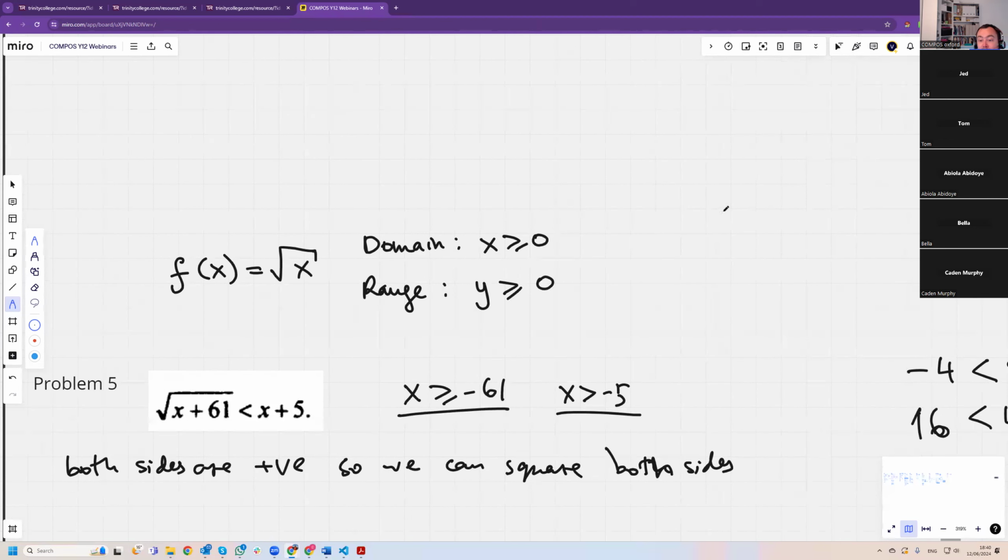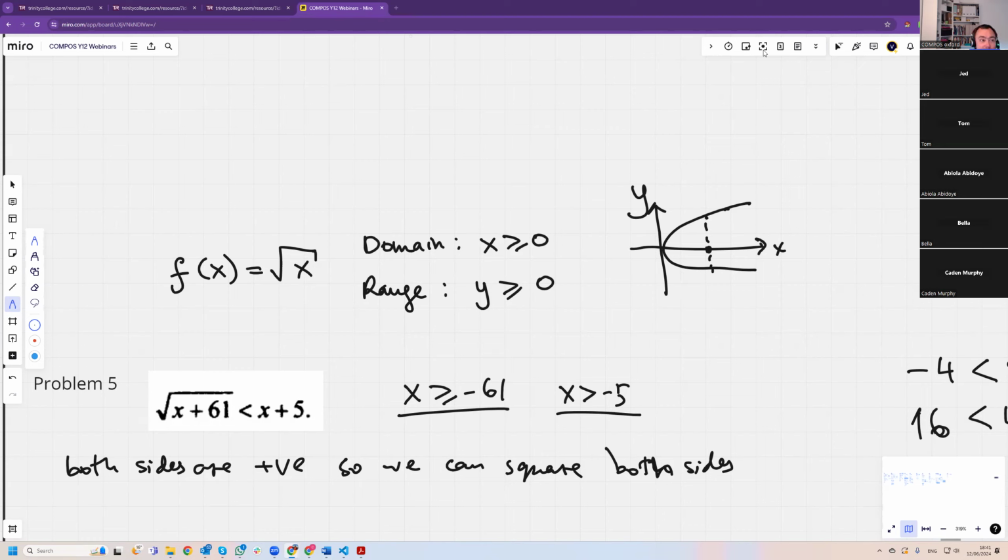It would look like this. And that is a problem, because for a single value of x, we have two different values of y. So it's not a function, because it's a one-to-many mapping.